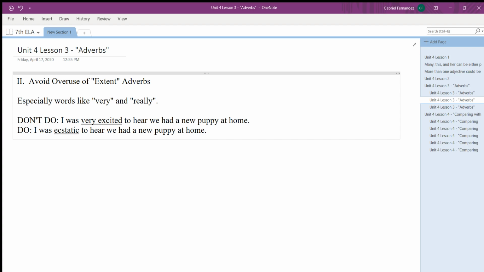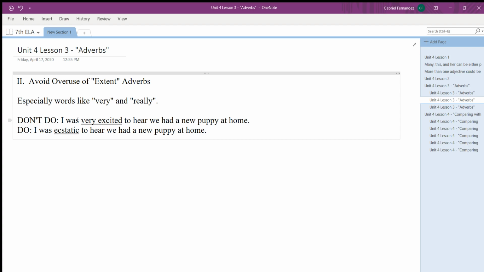And in a way they do. If you just use very coupled with a weak adjective like excited, it suggests that you're not taking the opportunity to try to use fresher, more grade appropriate vocabulary words to describe exactly what you're feeling.